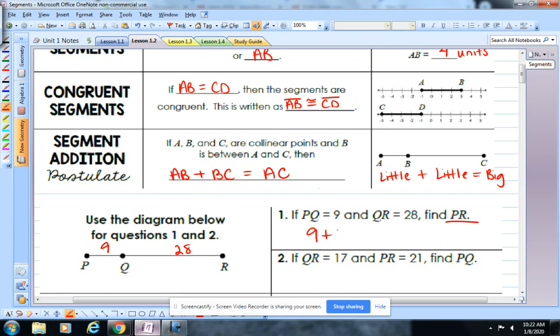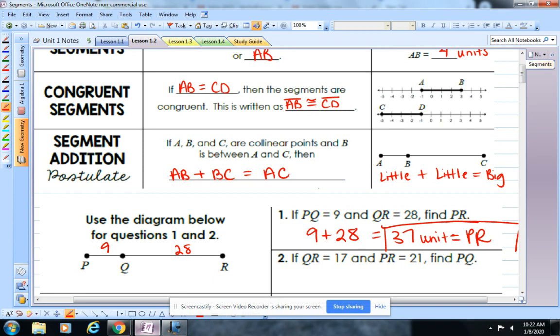So 9 plus 28 equals what? 37. So 37, I don't know what the units are, equals the length of PR. Okay? Got it? Little plus little equals big. So if they tell you the measure, just write it in there and then do it.